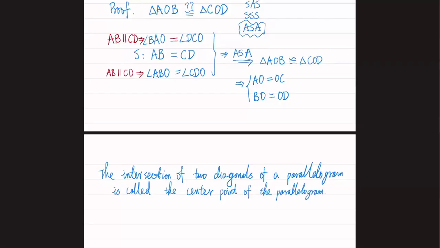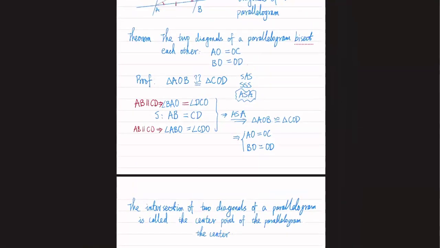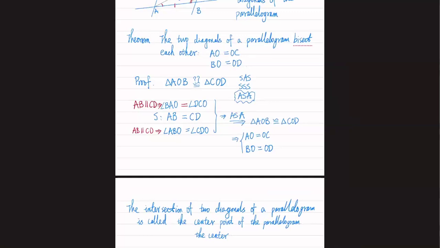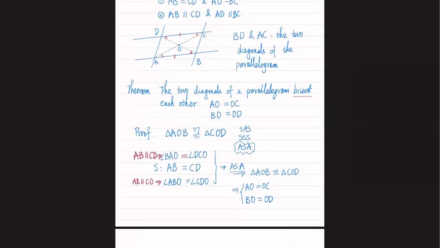Sometimes we just call it the center. So this point O is the center of both diagonals. We call it the center of the parallelogram.